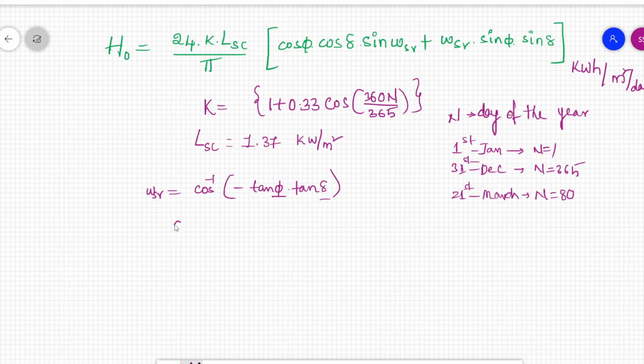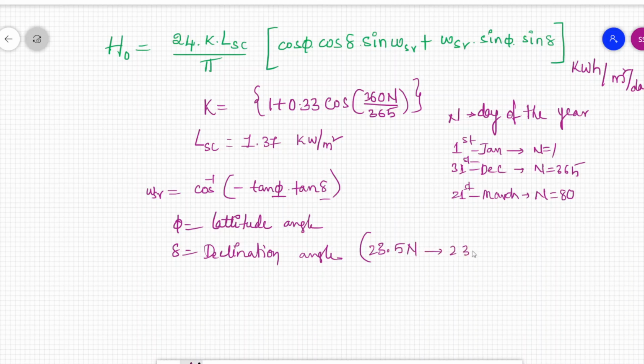Where phi is the latitude angle, the location of the panel, and delta is the declination angle. Delta will be positive for summer and negative for winter, and it ranges from 23.5 degrees north to 23.5 degrees south. Till the Tropic of Cancer, the declination will be happening.